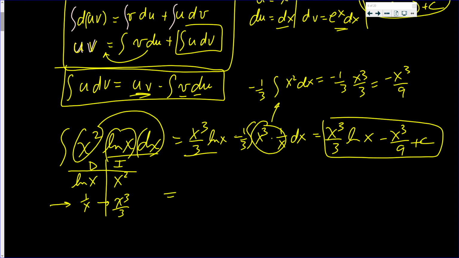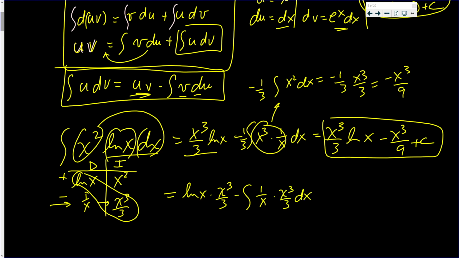The answer is going to be positive this product, ln of x times x cubed over 3, minus, the signs alternate, plus minus, the integral of that product. The integral of 1 over x times x cubed over 3 dx.